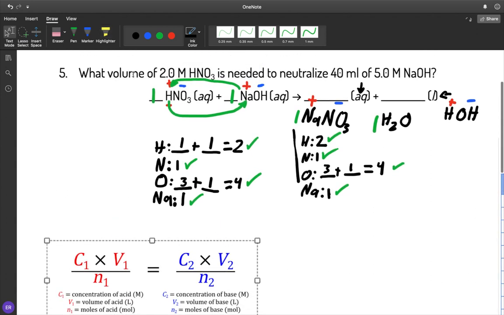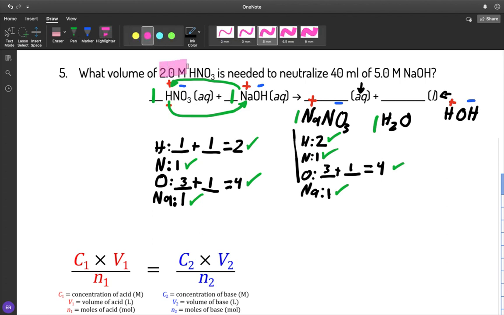So what volume of 2.0 molar HNO3 is needed to neutralize 40 milliliters of 5.0 molar NaOH?